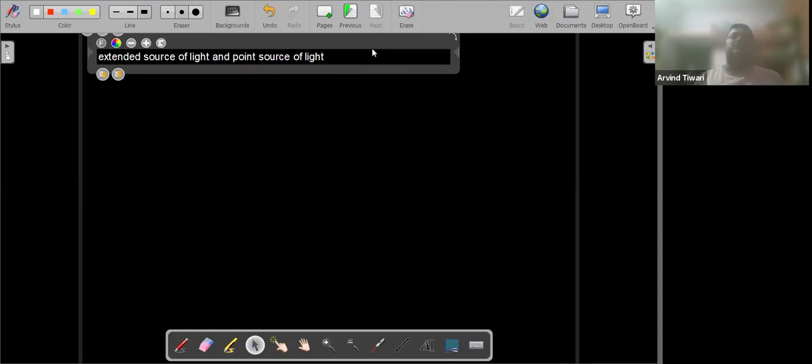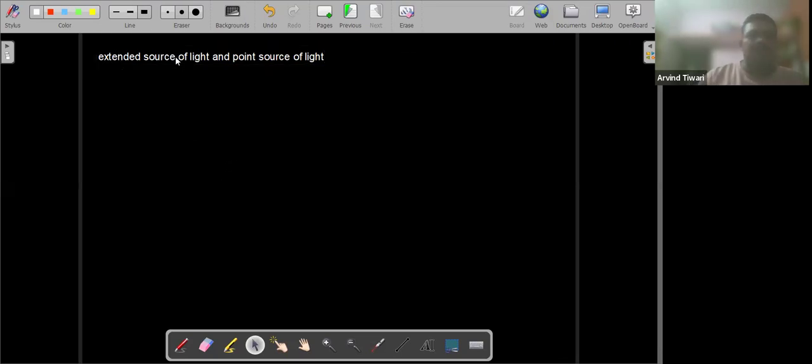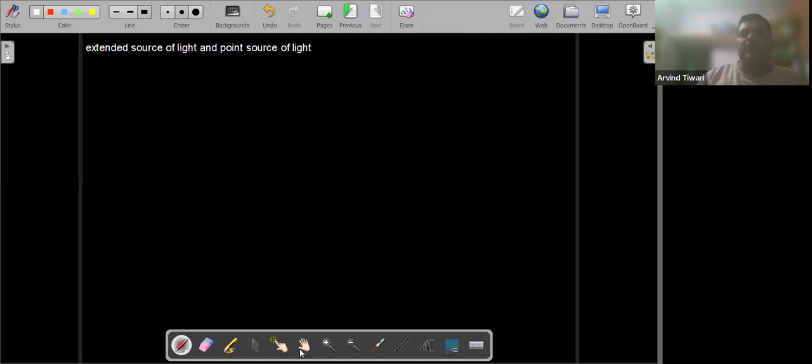So what is an extended source of light, or what is a point source of light? An extended source of light is a source of light which is quite big in size, and a point source of light is a light which is very small. For example, you can consider it like this.